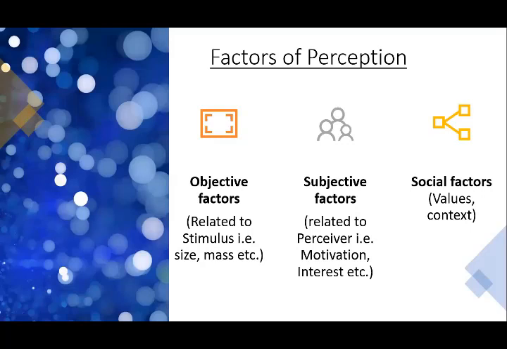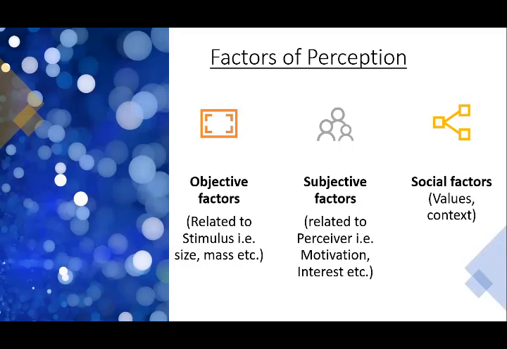For example, for understanding this in a better way, how do you recognize your fellows from just one side, or how do you recognize which of your fellows is talking right now by merely listening to his voice? Because his voice has some unique characteristics like the pitch, the loudness, the style, the accent, etc. So these are the objective factors which are linked with the object or with the external stimuli.